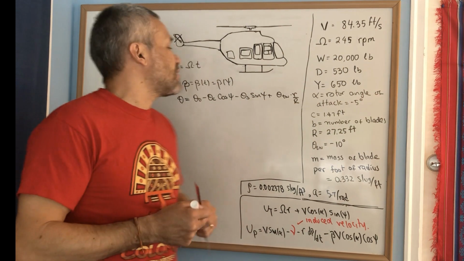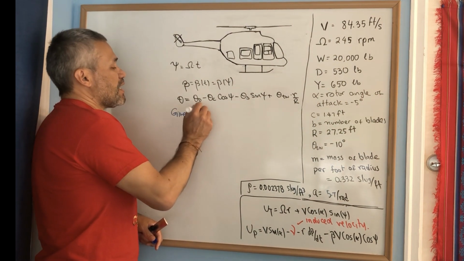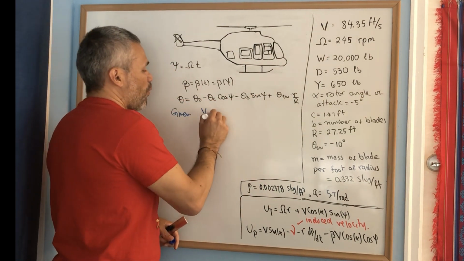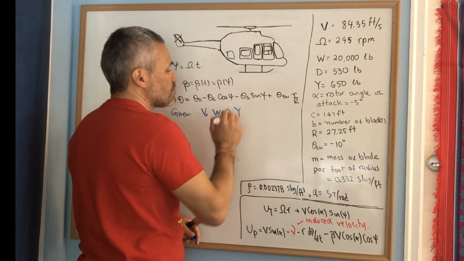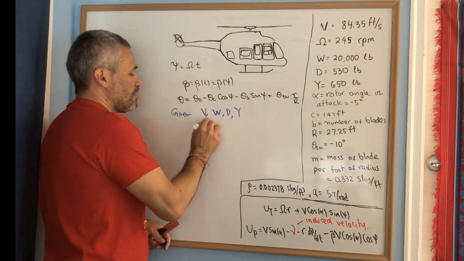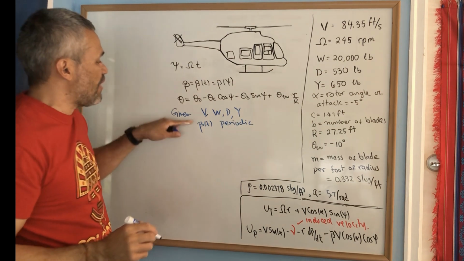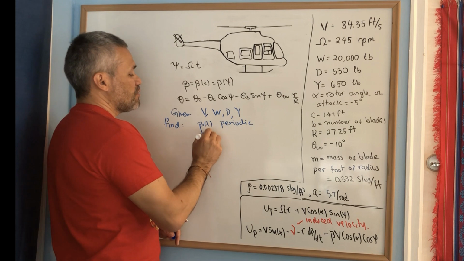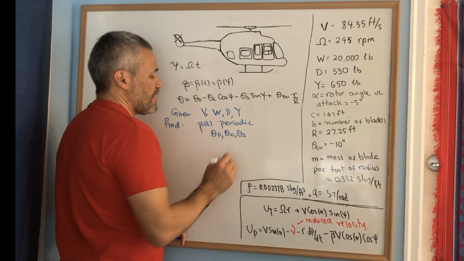We're going to consider the following problem. We're going to assume that it is given to us the velocity of the helicopter, the weight, the drag, and the lateral force, and we want to find beta of t, a periodic function that describes the flapping motion of the blade, and we want to find theta 0, theta c, and theta s.